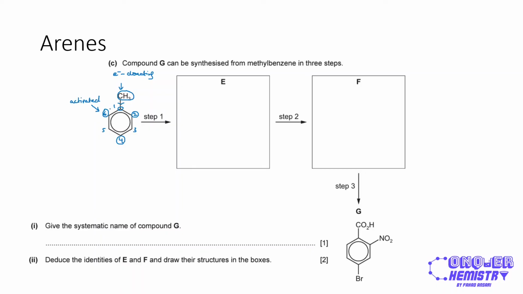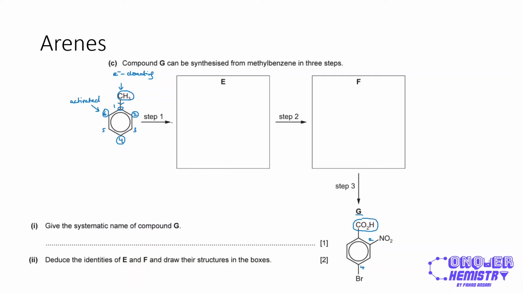And so you can see that while the CH3 has been converted into CO2H in compound G, positions 2 and 4 have been occupied by new substituents. So before converting CH3 into CO2H, we will do the electrophilic substitution reactions.